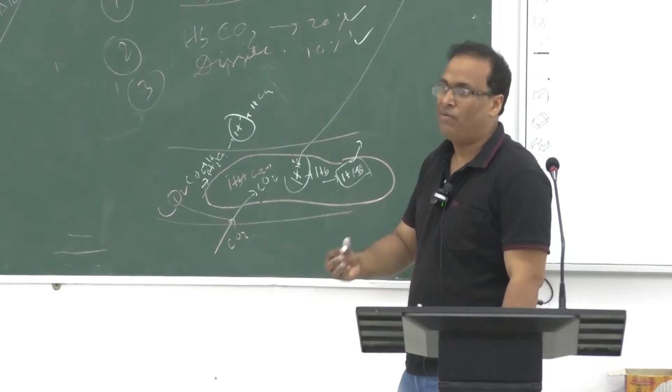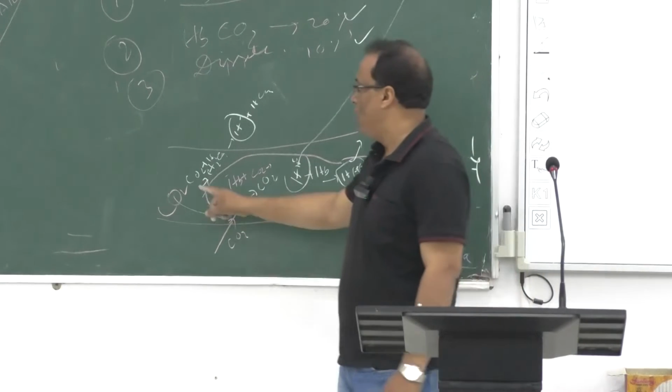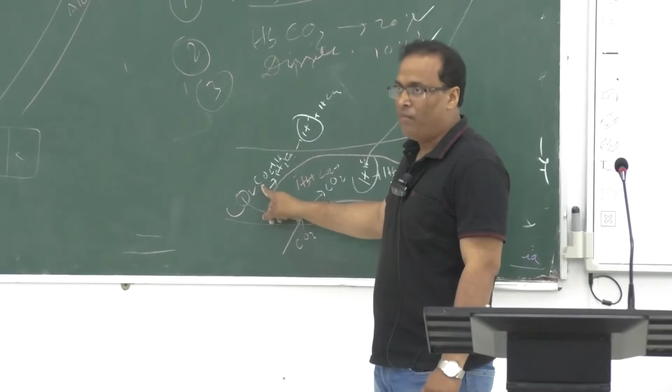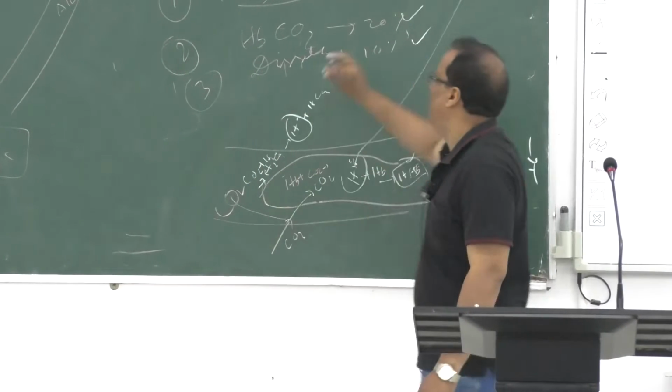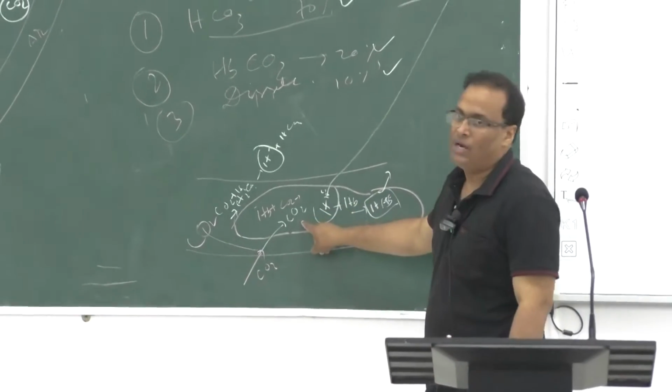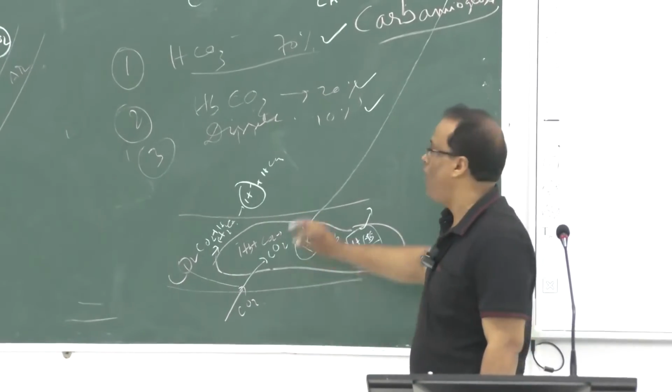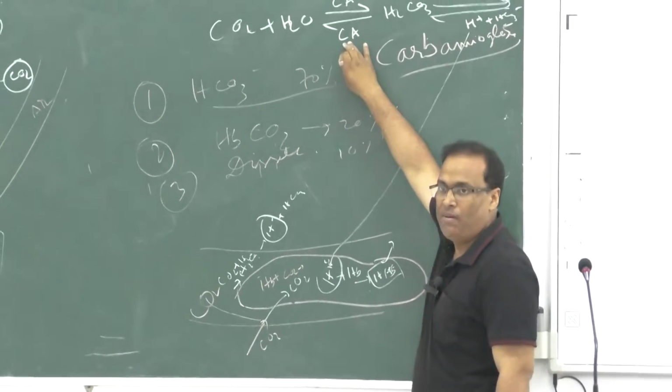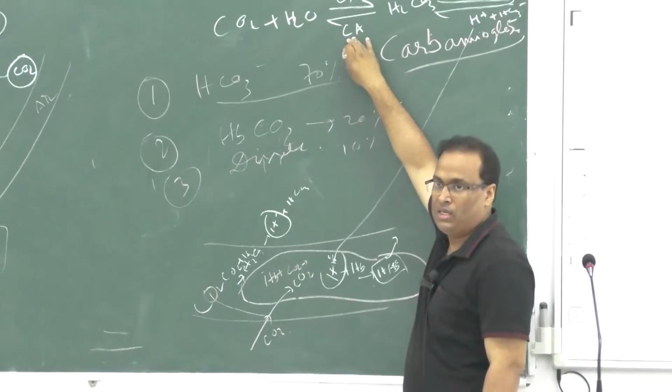The slow process of bicarbonate formation goes on in the plasma because there is a lack of carbonic anhydrase enzyme, and inside the RBC there is the presence of carbonic anhydrase enzyme.